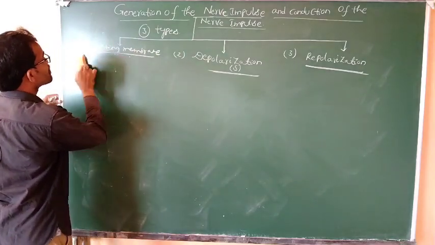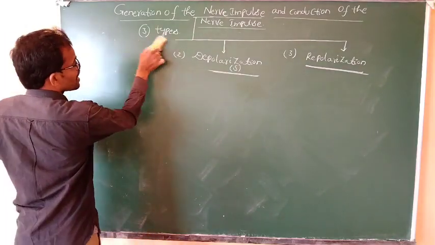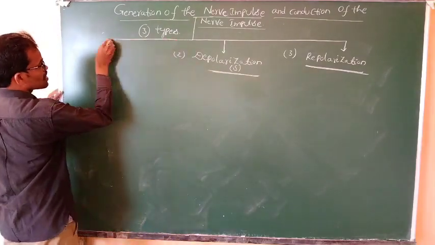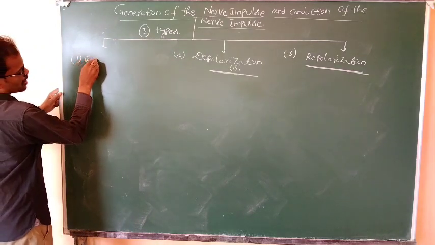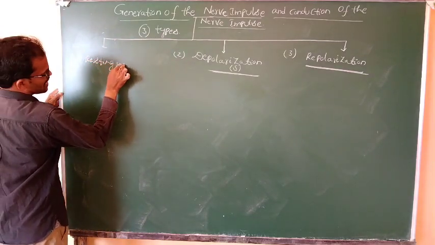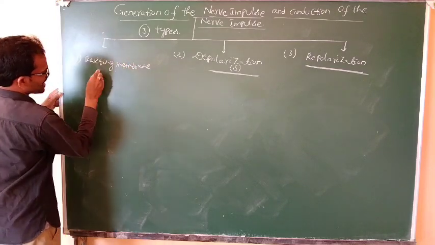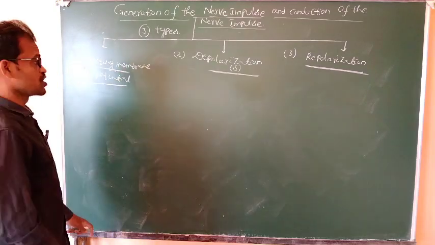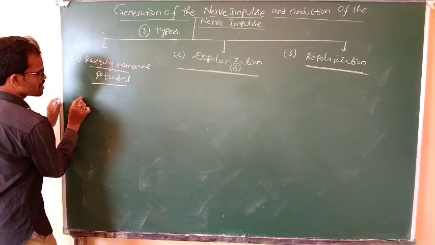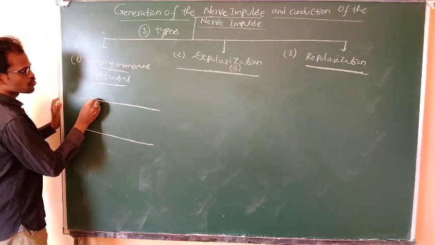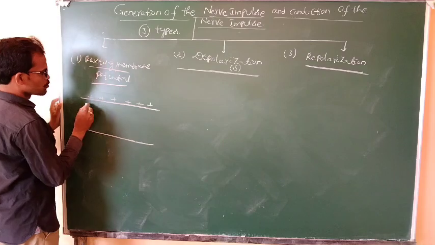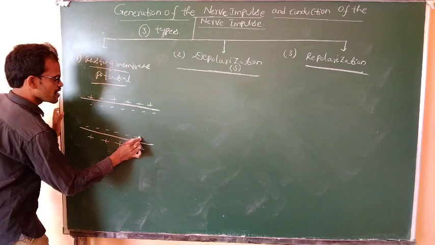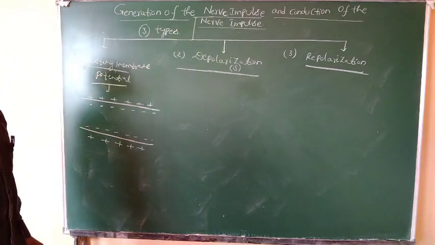It is impermeable. The first one is the resting membrane potential, which means always positive charge outside and negative charge inside.